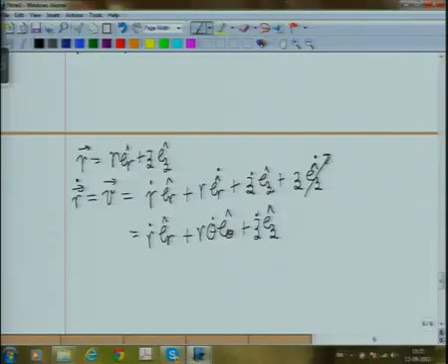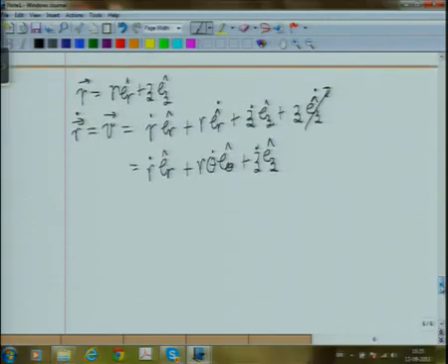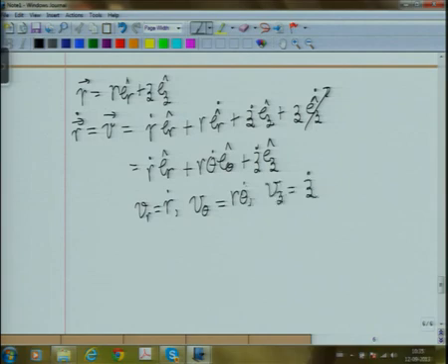So the velocity is r dot Er plus r θ dot Eθ plus z dot Ez. That means v_r is r dot, v_θ is r θ dot, and v_z is z dot.